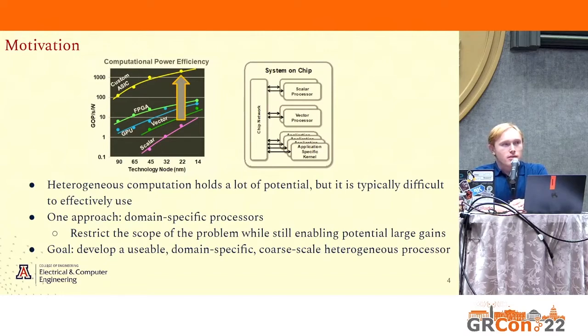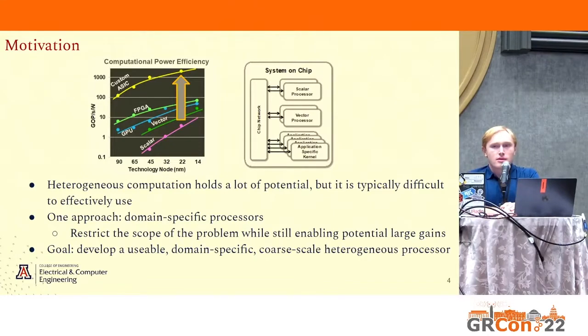So the approach taken in the program that we're working on is to look at these so-called domain-specific processors, which narrow the scope of the applications you're looking into to be narrow enough that you can effectively build accelerators for them, because you can't accelerate everything, but broad enough that those accelerators are useful across multiple different types of workloads.